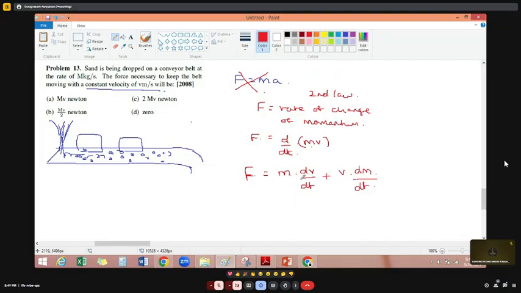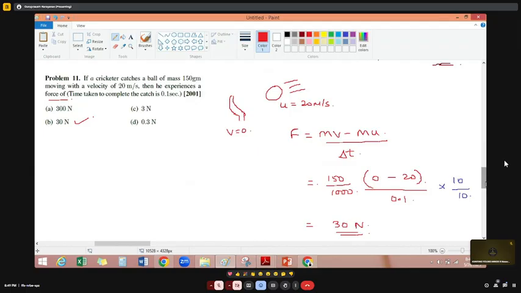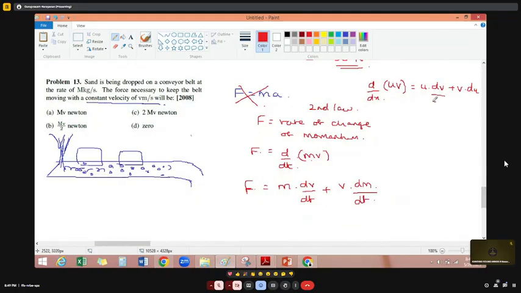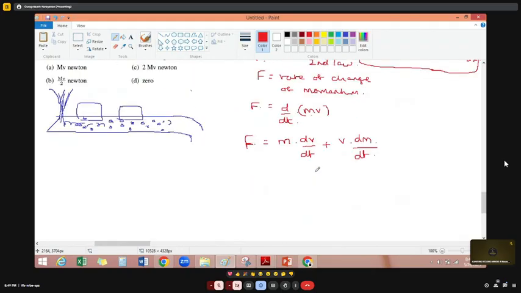So m into v. And then you have to use your uv formula. If you are wondering where this came from, it's coming from your mathematics: u into dv plus v into du. Then I have to differentiate with respect to x here. I'm sure you must have studied this in your mathematics, u into v. So it's exactly the same thing which we are doing here.